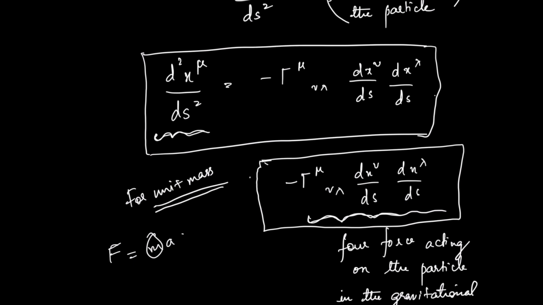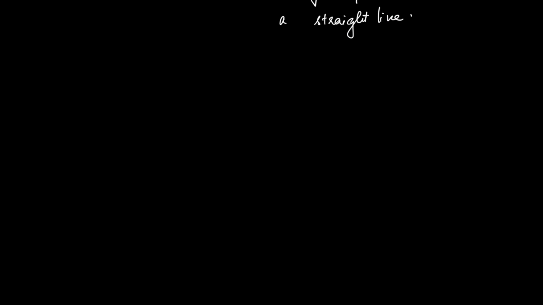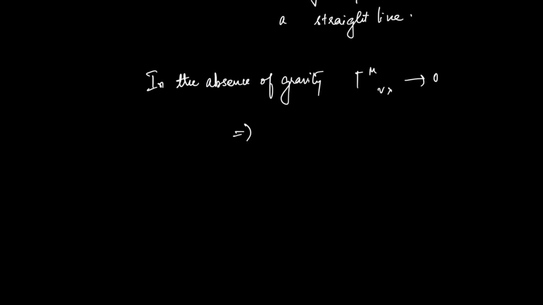If the Christoffel symbol goes to 0, then in the absence of gravity, the geodesic equation will become d square x mu by ds square equal to 0.